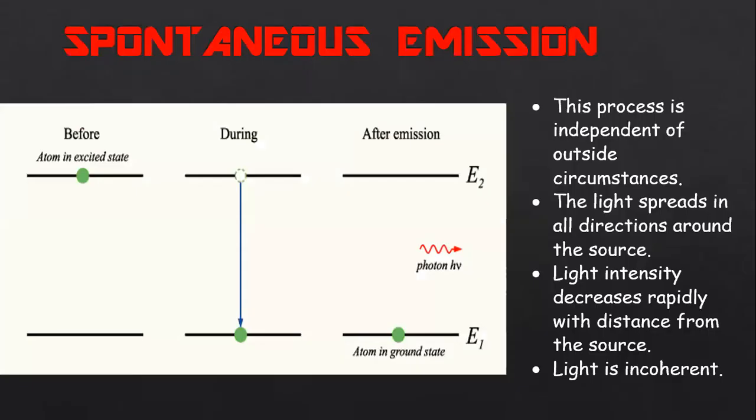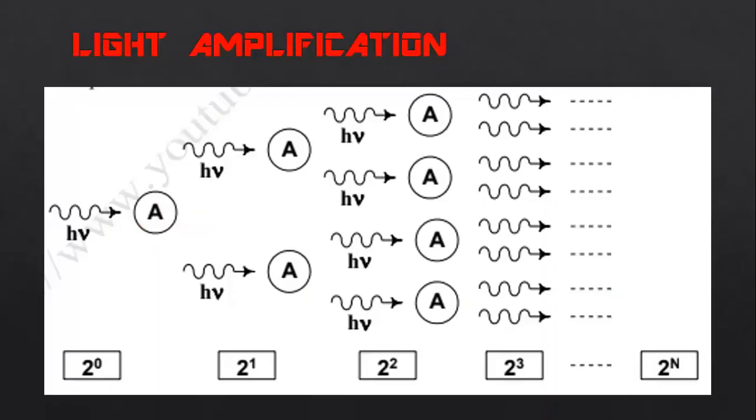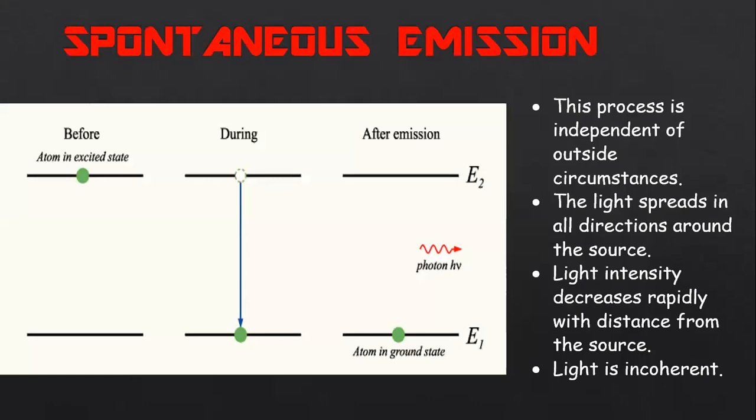Spontaneous emission. The process by which excited electrons emit photons while falling to the ground level or lower energy level is called spontaneous emission. The electrons in the excited state do not stay for long period because the lifetime of electrons in higher energy level is very small, of the order 10 power minus 8 seconds.